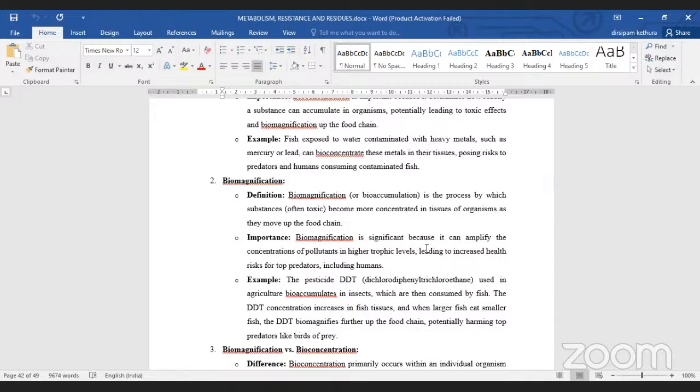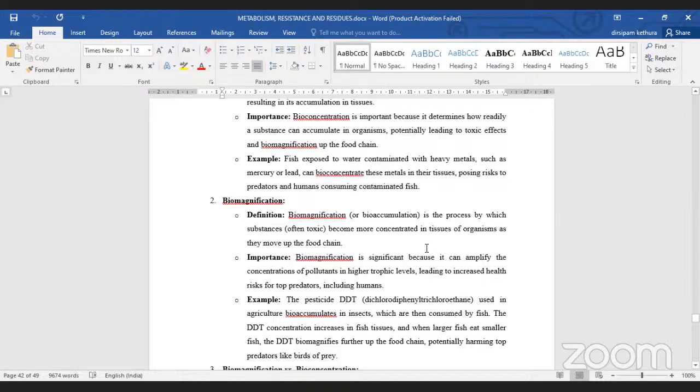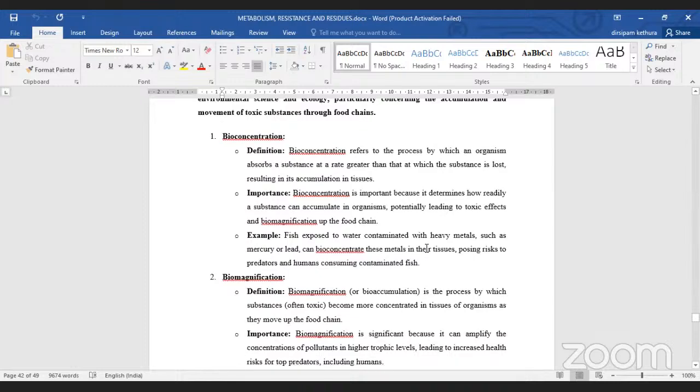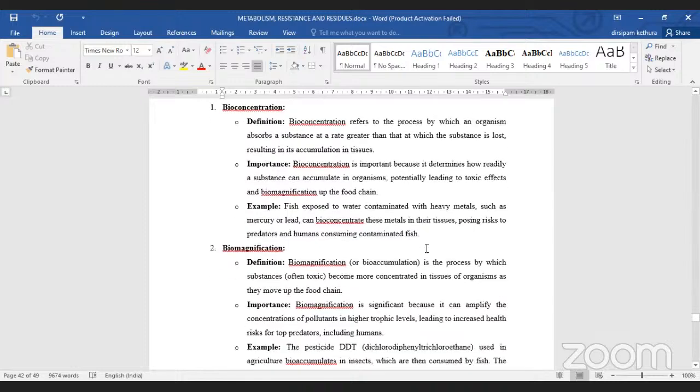This is all about bioaccumulation or bioconcentration. Okay, more or less same, but the concentration of the substance is more in the living organism than in its surrounding environmental media, which is called as bioconcentration. Both bioconcentration, bioaccumulation, more or less same.